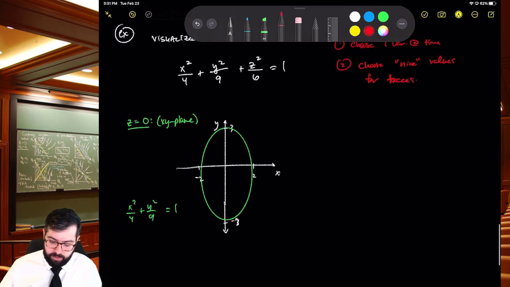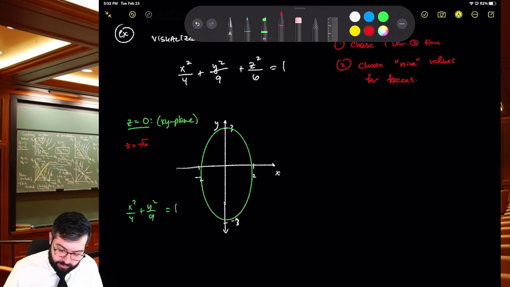And then what we can even do is on the same set of axes come up with the next trace. So z equals 0 is a nice one. Why is that nice? Because we just removed z from the equation and we got the resulting cross-section. So if I made z plus or minus radical 6, what would be nice there is this would reduce to 1. It might not always work out, but let it be, let's say, radical 6.